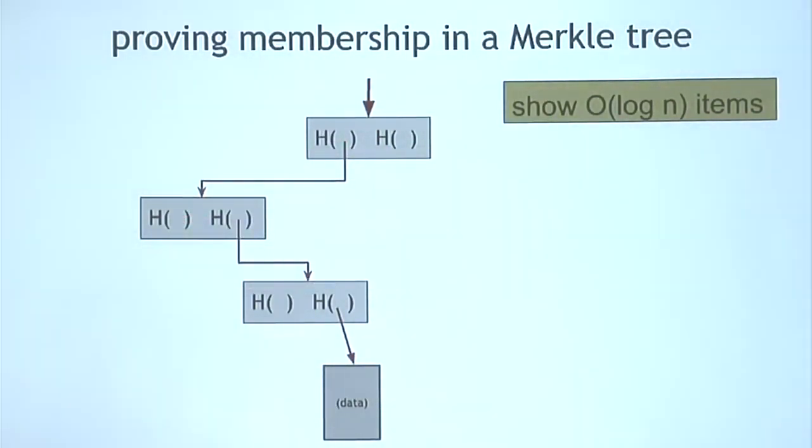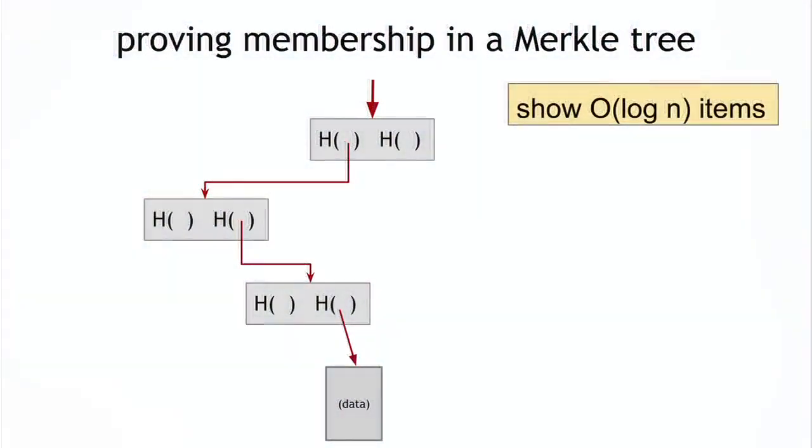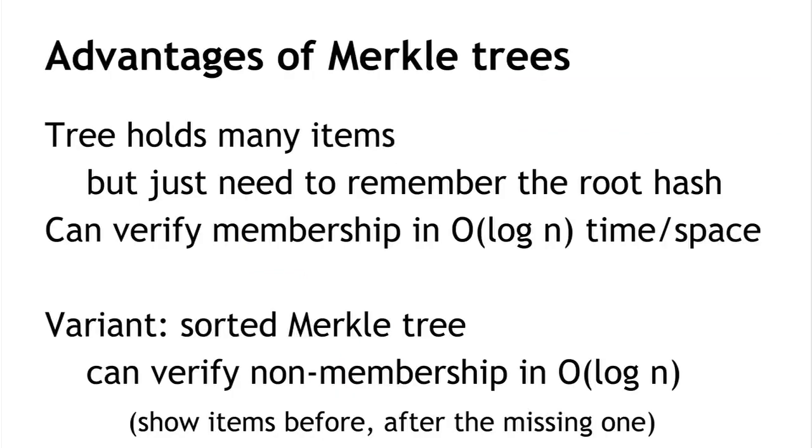They can show us this block, we verify that the hash of this block matches this hash pointer, and then they show us the data. And just by verifying the hashes up to the root, we can verify that this data block was in the Merkle tree. So that takes about log n items that we need to be shown, and it takes about log n time for us to verify it. And so with a very large number of data blocks in the Merkle tree, we can still prove membership in a relatively short time.